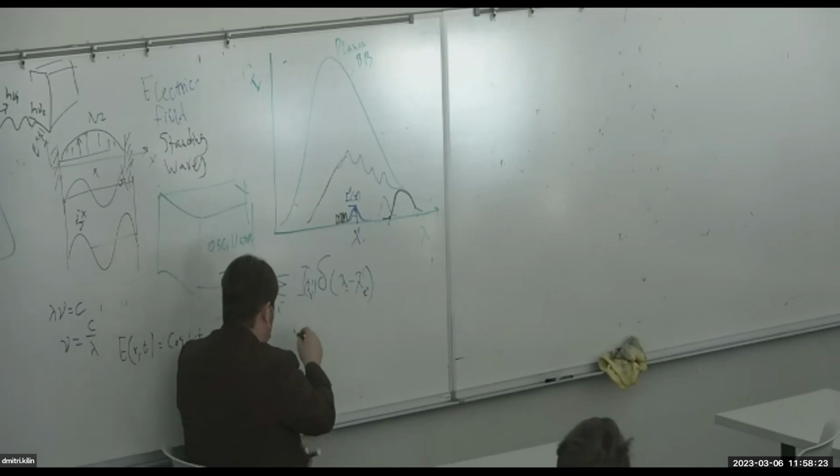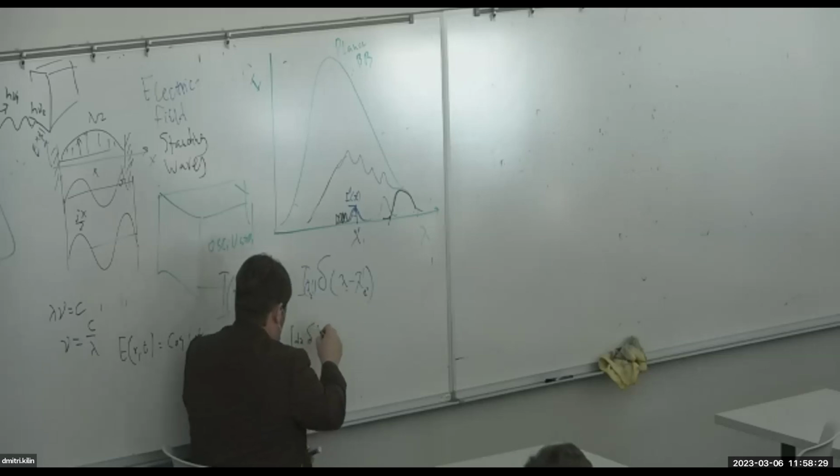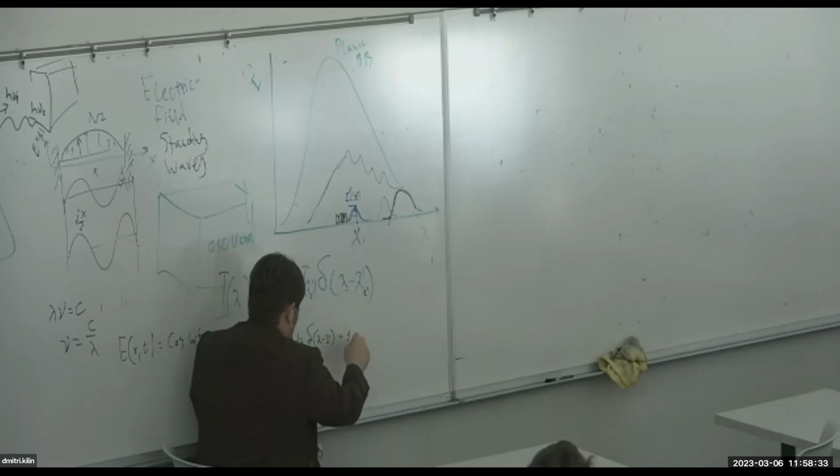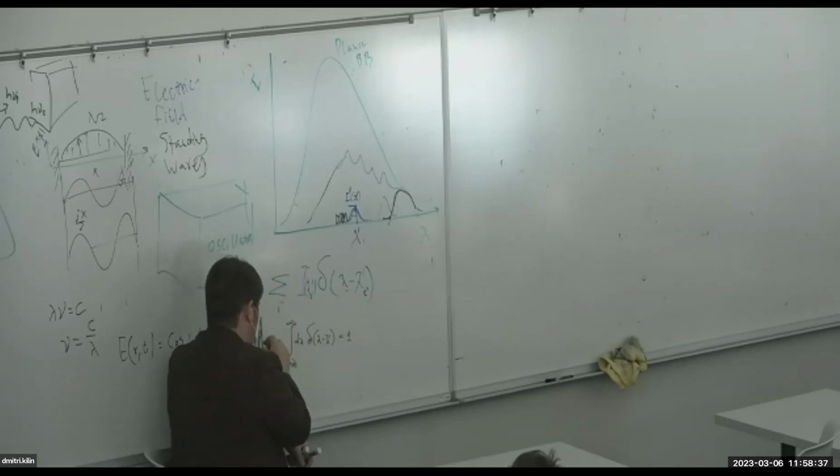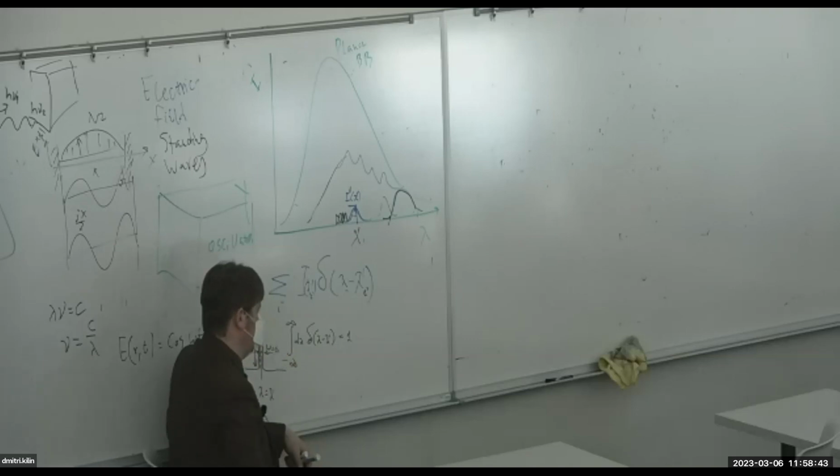There are a couple of properties of delta function, like the integral will be 1. So it's an infinitely high function with infinitely small width, with the area under the curve equal to 1.